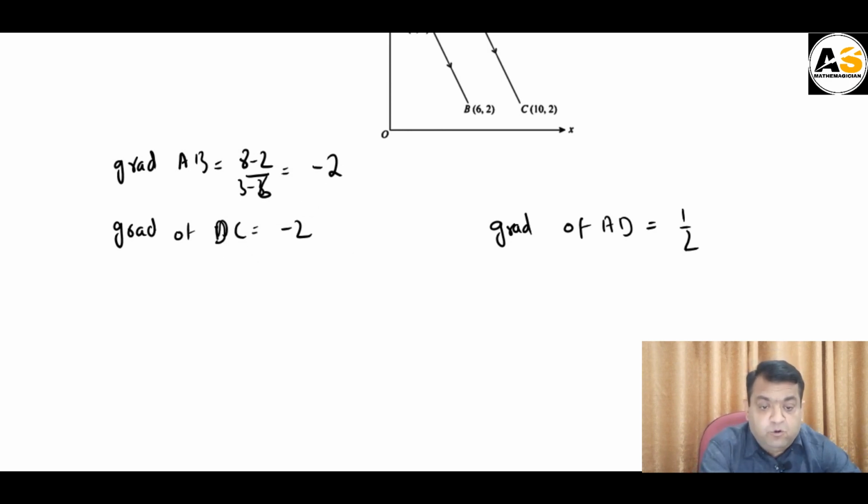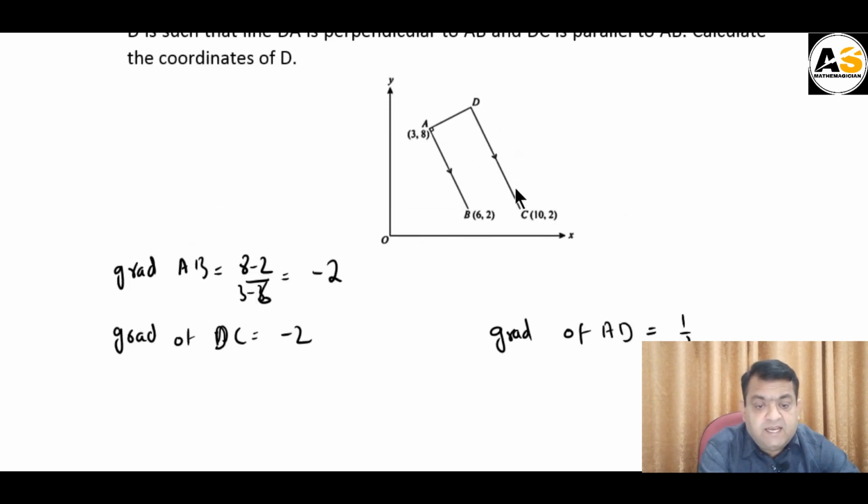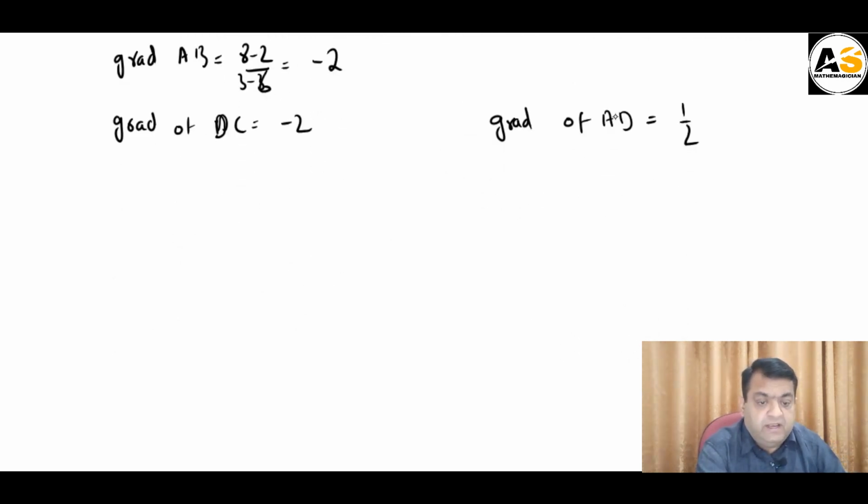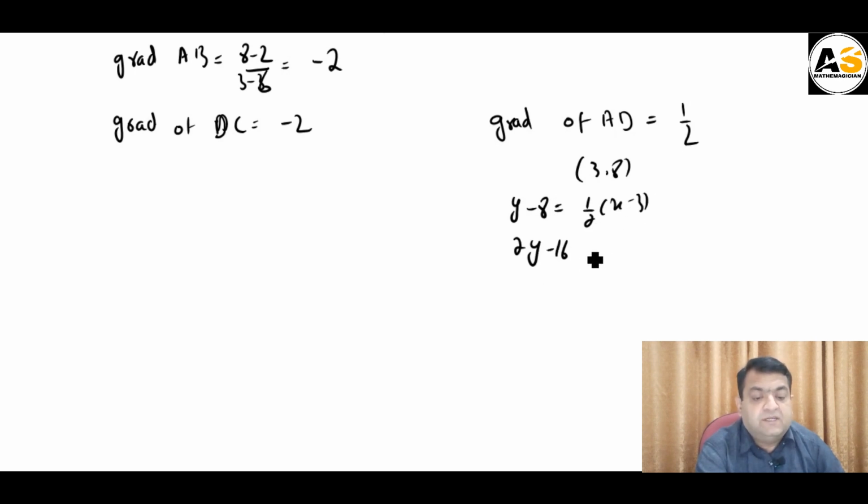Now I am going to find the equation of DC and equation of AD. AD passes through 3, 8. So I will find its equation. y minus y1 is equal to m into x minus x1. 2y minus 16 is equal to x minus 3. 2y minus x is equal to 13.